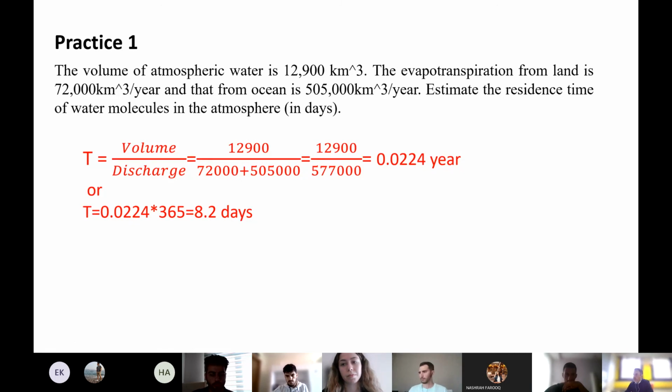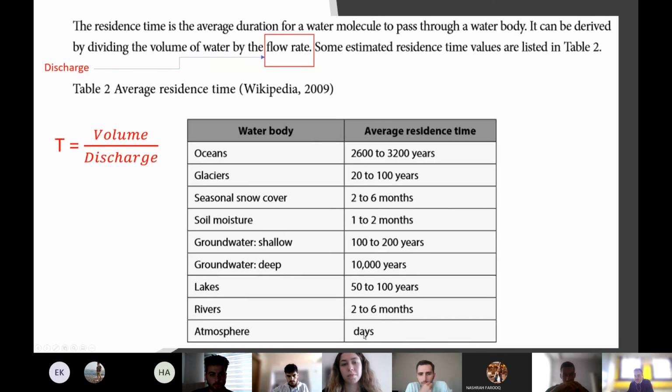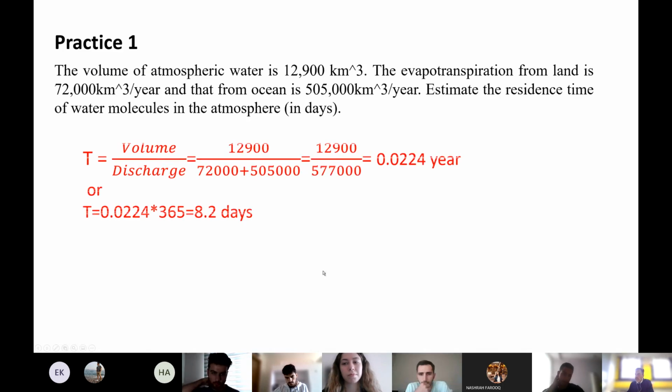By dividing those two values, you will see that it's about 0.02 year, and multiplying by the number of days in a year, it gives you 8 days. Therefore, the residence time of atmospheric water in the atmosphere is 8 days.